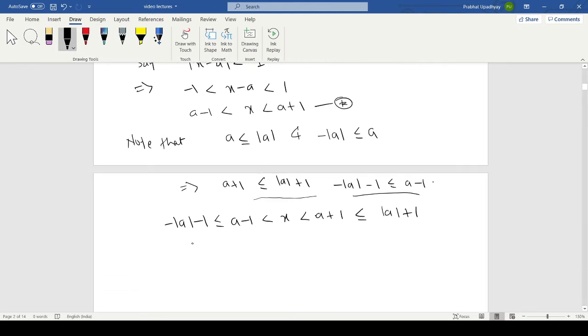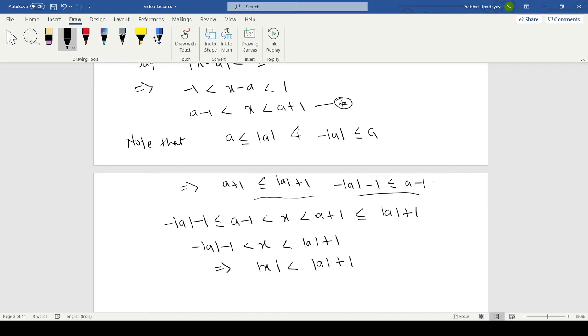That means I can say minus mod a minus 1 is strictly less than x, x is less than mod a plus 1, and this will imply mod of x is less than mod a plus 1.